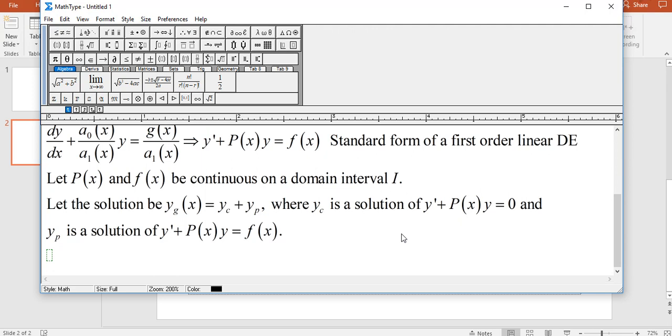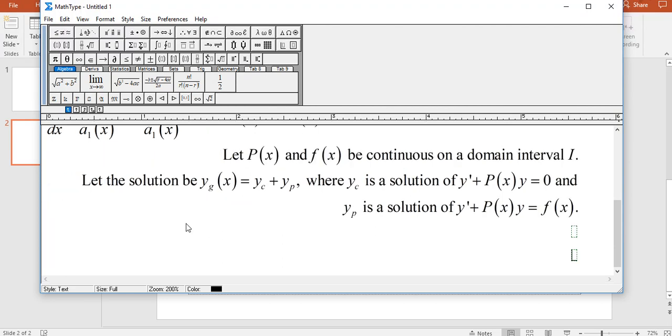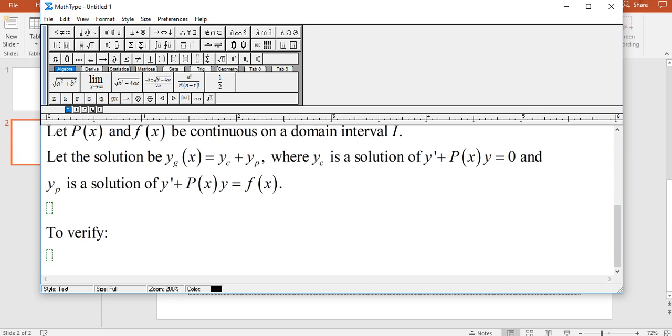We can verify this if we wanted. Let's go ahead and verify this just to say we did it. So, to verify, let's go plug it in, right?